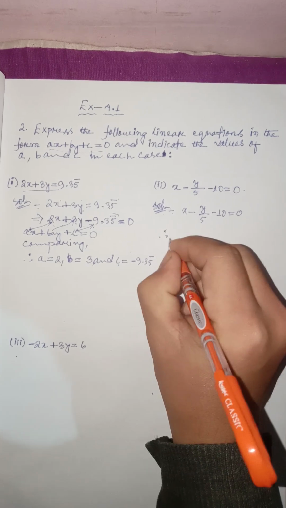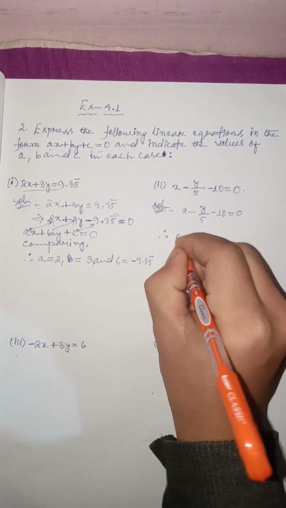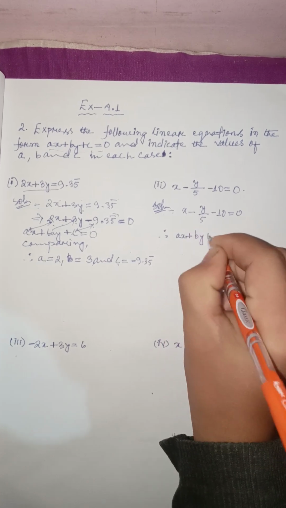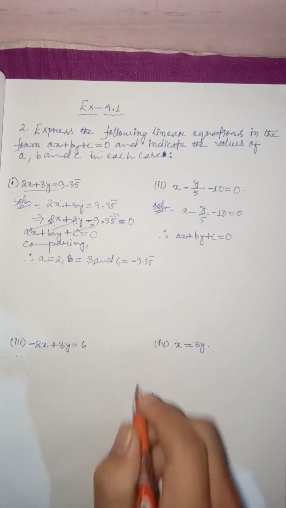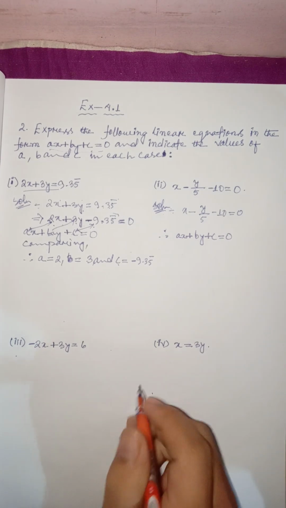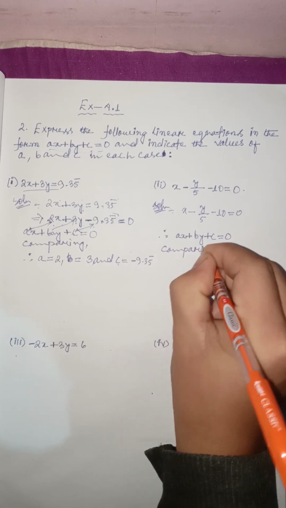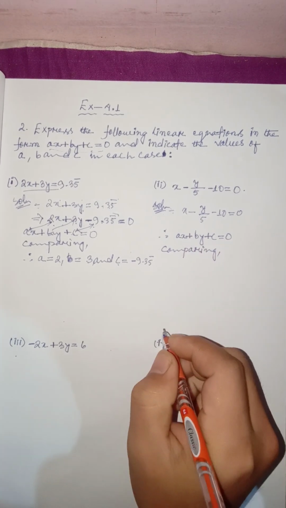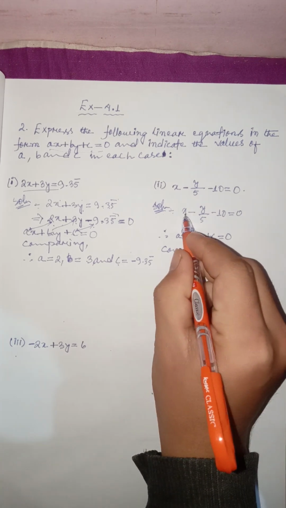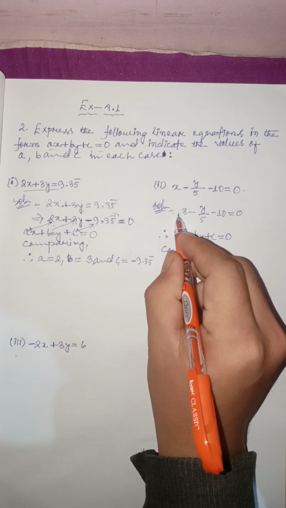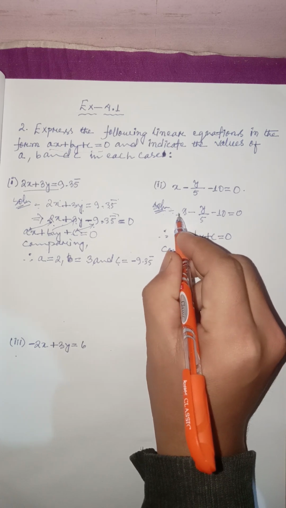Now what is the general equation? Let us write the general equation so that each and every one of us can understand this. It will be like this, equal to 0, right? Now what do we have? It is comparing. Let us write comparing again. After we compare these two, just before this x, if there is no number, or we can say the coefficient of x, here it is 1.